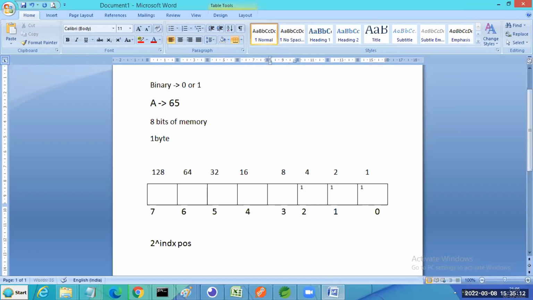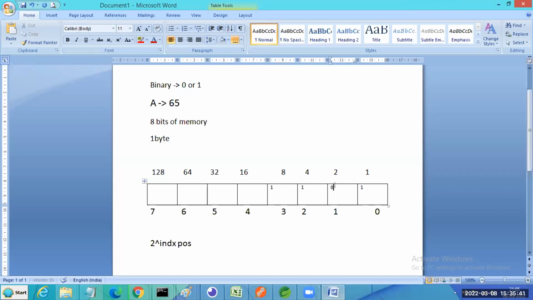Wherever there is 1, we are calculating that, right? 4 plus 2 plus 1, that is 7, correct? Okay, what is the binary number for 9? It's 1001, right? 8 plus 1, 9. Super. So what is 15?